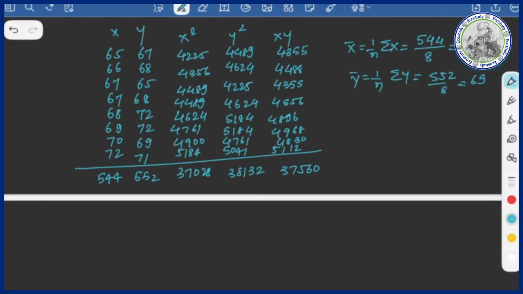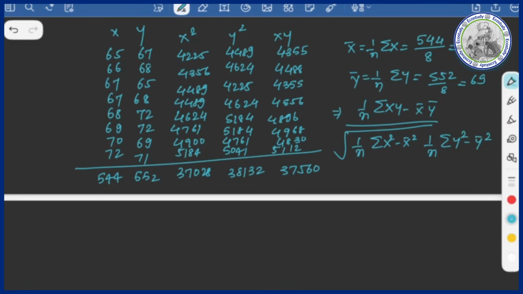Okay, now just simply put the formula and you will get the answer, that is 1 upon n sigma xy minus x bar y bar, divided by the square root of 1 upon n sigma x square minus x bar square, into 1 upon n sigma y square minus y bar square.